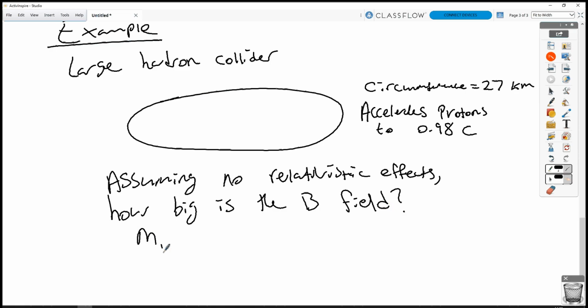Now, mass of a proton is 1.67 times 10 to the minus 27 kilograms. And the speed of light is 3 times 10 to the 8 meters per second. So you can pause the video here to attempt the question and then play the video again when you're ready to see the answer.